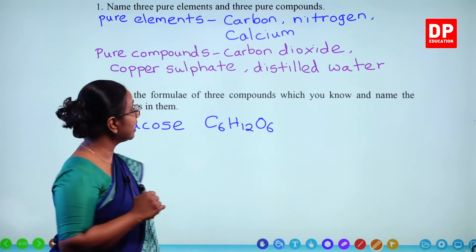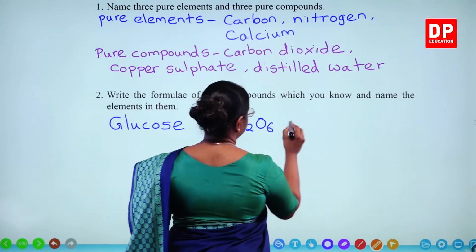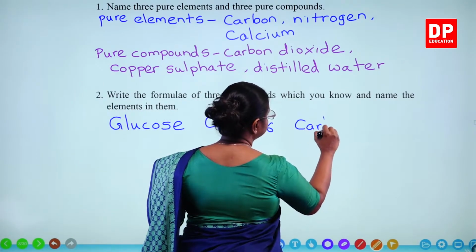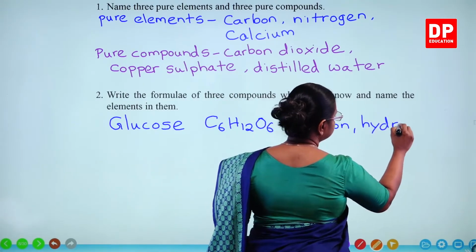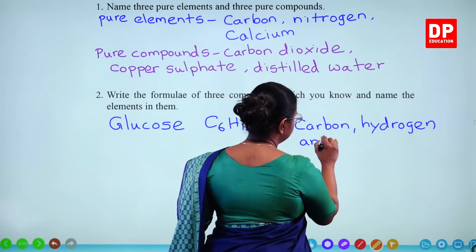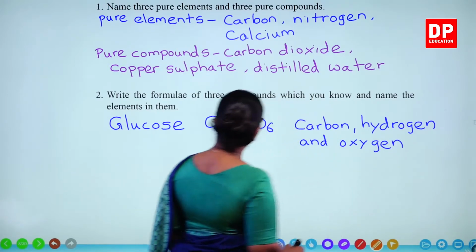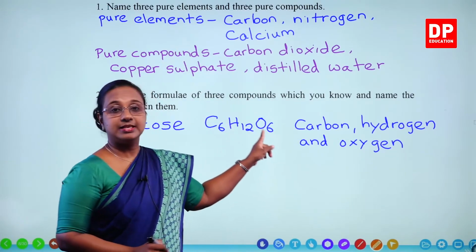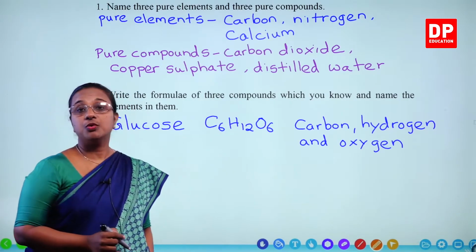So then what are the elements present? There is carbon, hydrogen and oxygen. Is that okay, students? Carbon, hydrogen and oxygen. So that is glucose C6H12O6.